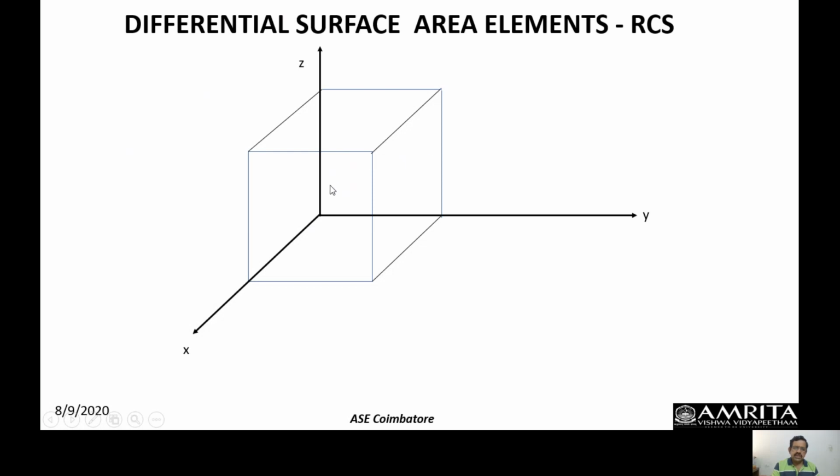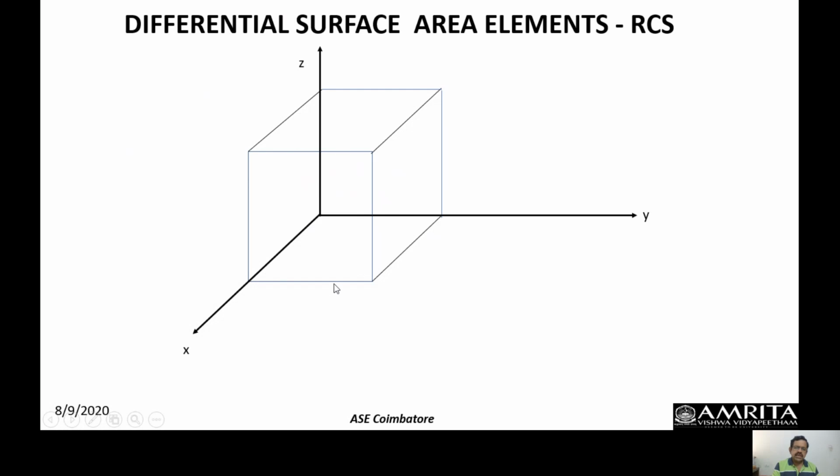If I want to evaluate these field lines with respect to this space, I will have to take this area into play. If I talk about the flux flowing out of this plane, how do I visualize this plane? We know that in the Cartesian coordinate system, the front face where x is constant we call the x plane. Let us say it's a unit cube, then this becomes 1, this becomes 1, this becomes 1.